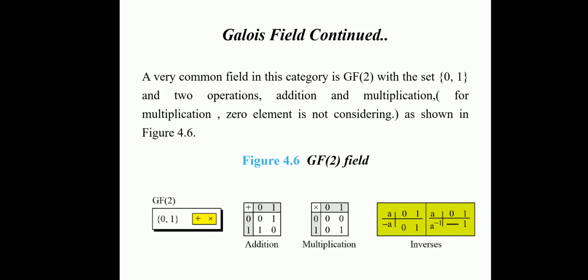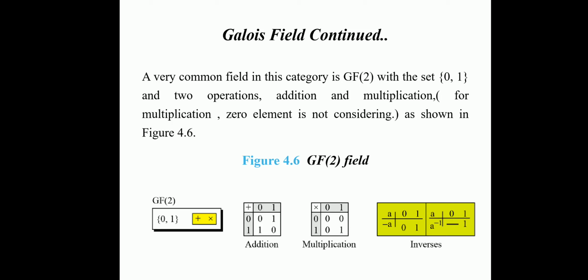The quotient is not important, only the remainder is used. Similarly for multiplication, modulo m multiplication means the remainder of i into j by m. In Galois field calculations or modular arithmetic, we use only the remainder value.